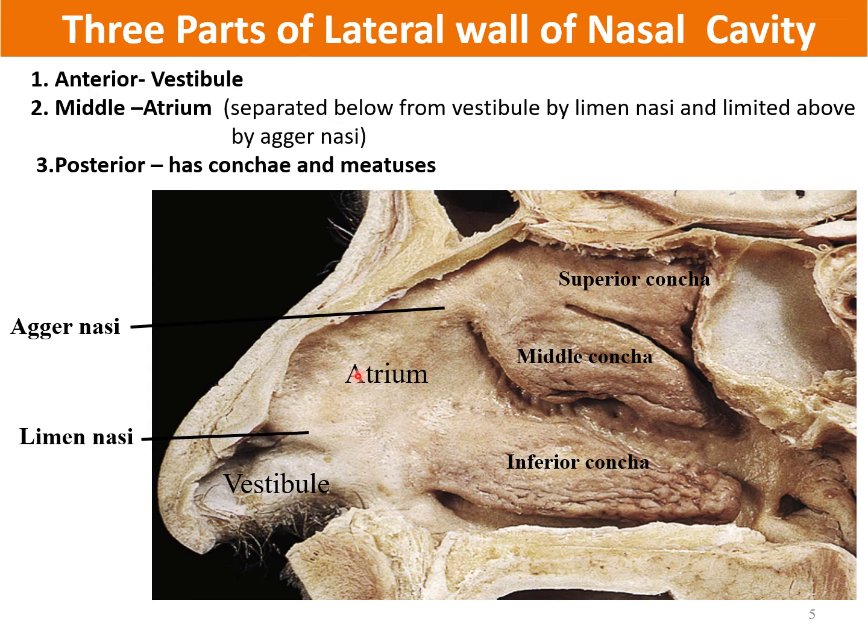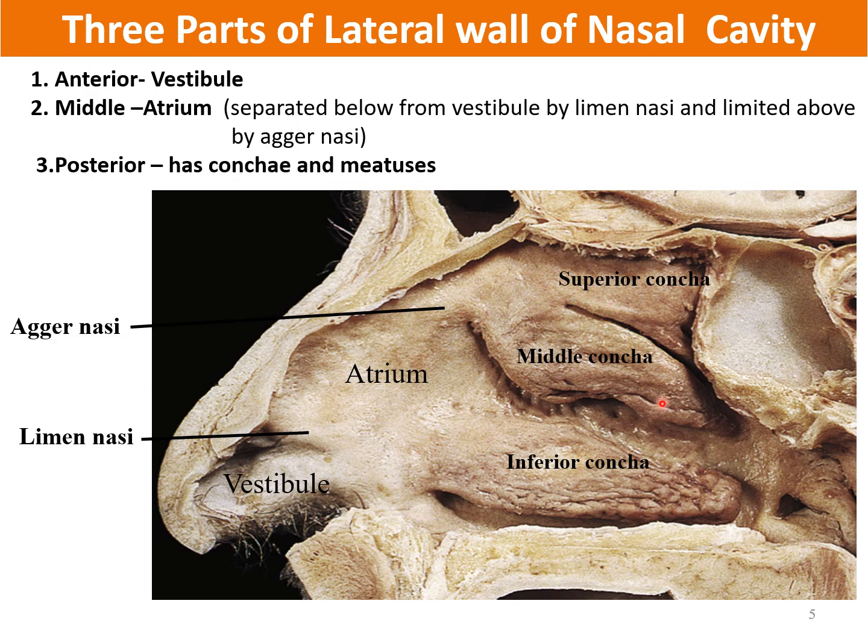The atrium is separated from the vestibule by this small valve-like projection which can be seen here, which is known as limen nasi, and it is limited above by another fold or slight raise in the mucosa, which is known as agger nasi. This is present at the level of middle concha.